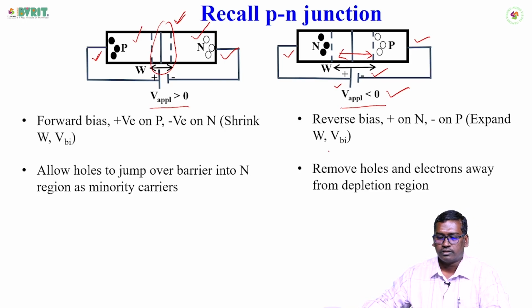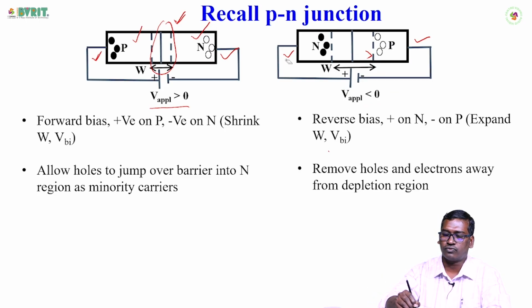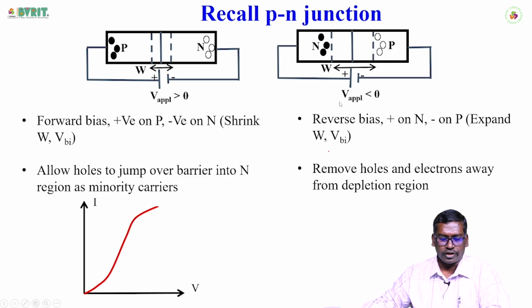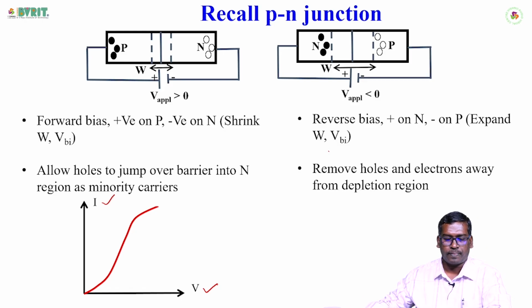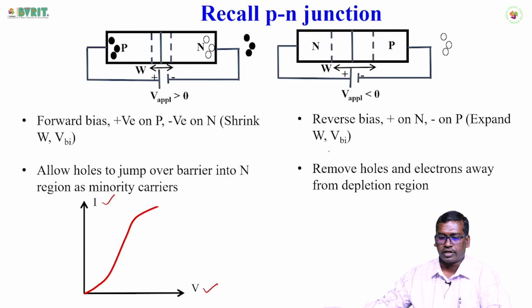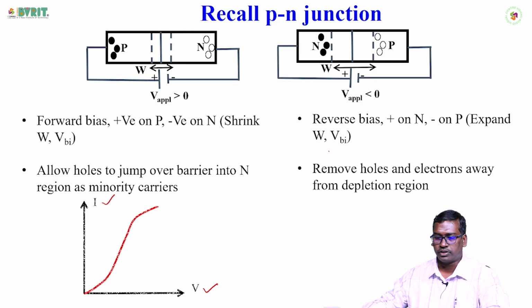Here you can see how the transistor is forming. We already studied the forward bias VI characteristics. Voltage is on the x-axis, current on the y-axis. After the cut-in voltage, the current increases exponentially. Now try to see the animated picture here during reverse bias.